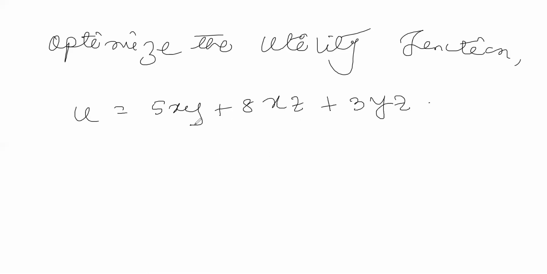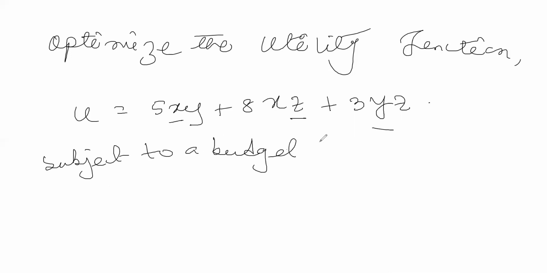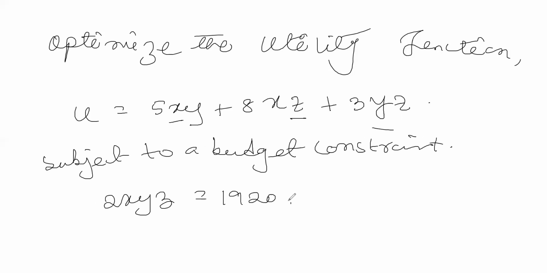So now you can see that this is a case of three variables where we get x, y, and z. That's a three variable optimization case, and this is subject to a budget constraint, which is given as 2xyz is equal to 1920.